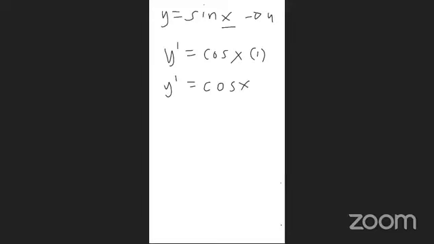How about another example: find the derivative of y is equals to negative cos x squared.